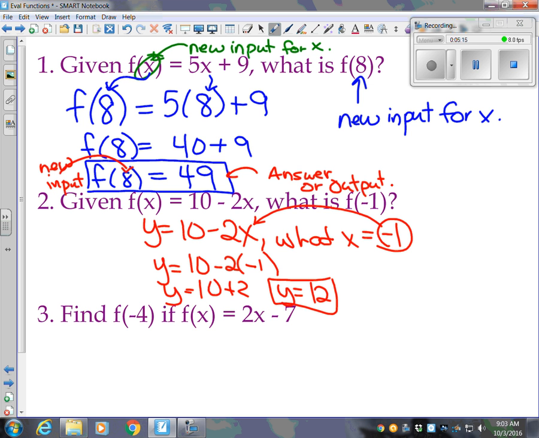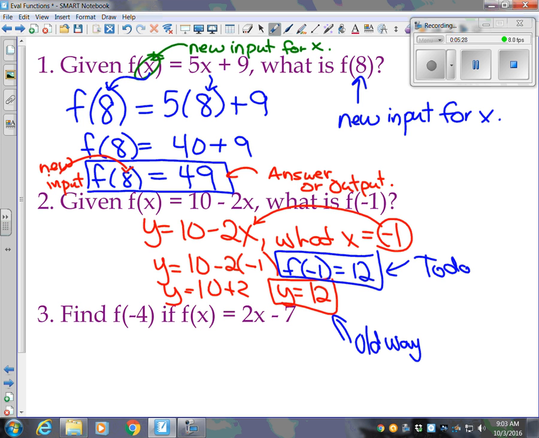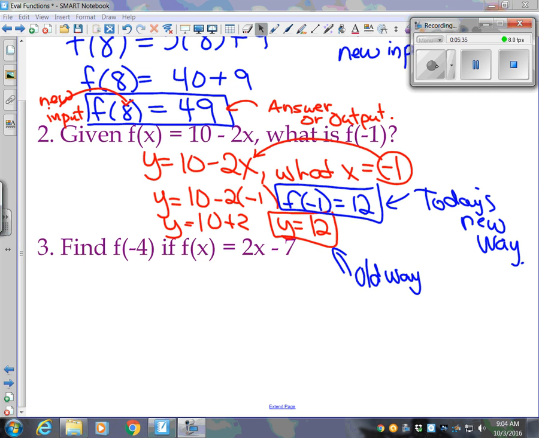What you would call y equals, we're now going to call f of x. f of negative 1 equals 12. This is the old way, and this is today's new way. All right, let's move on then to number 3.